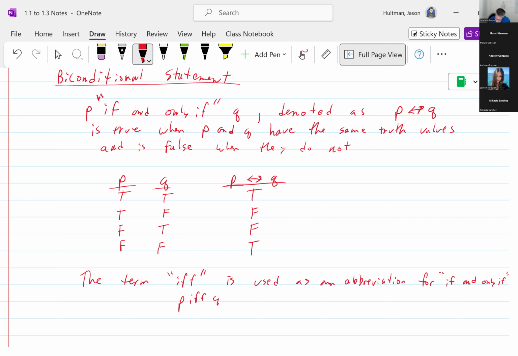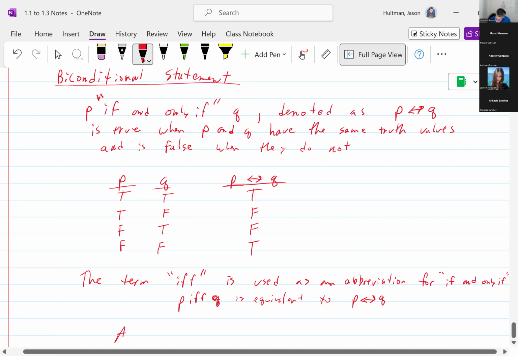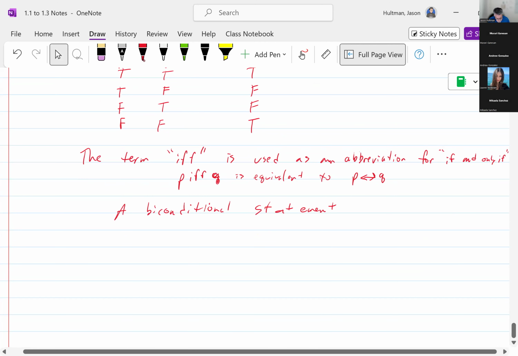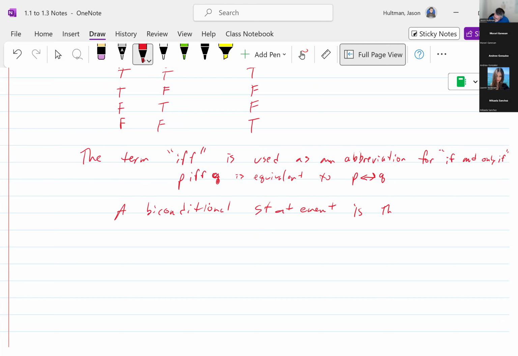So P if and only if Q is equivalent to P if and only if Q. A biconditional statement is the same as the conditional P implies Q and its converse, Q implies P.